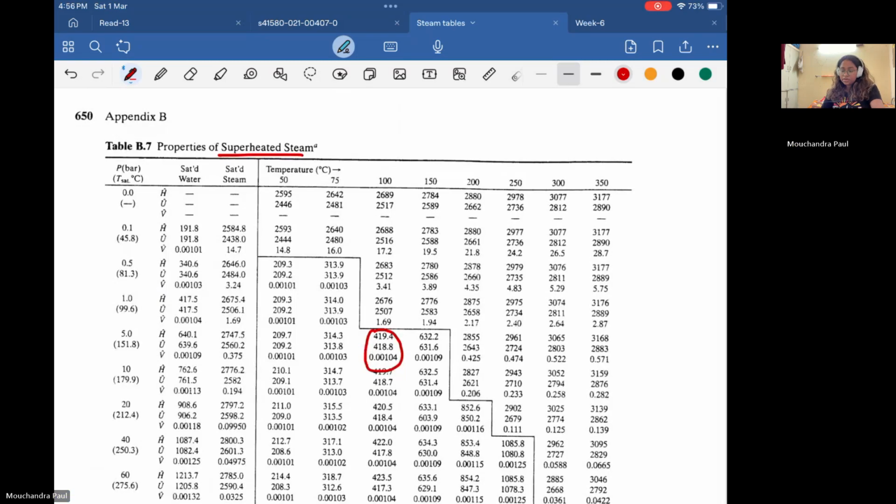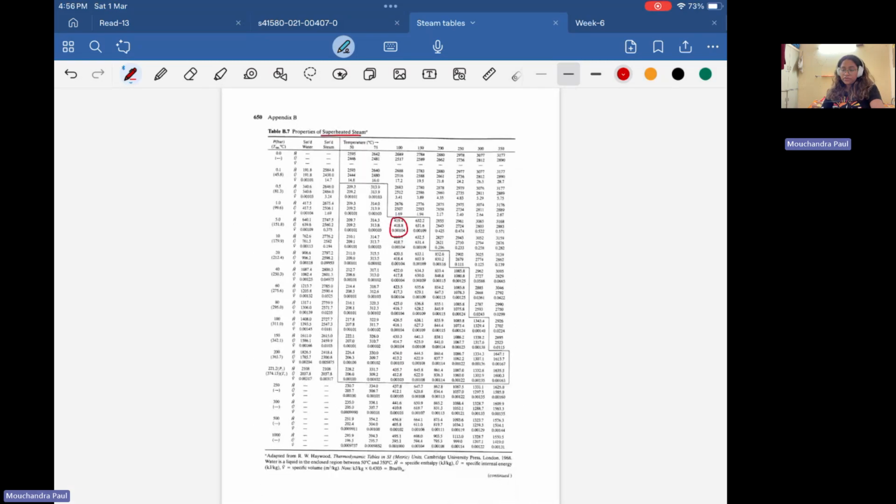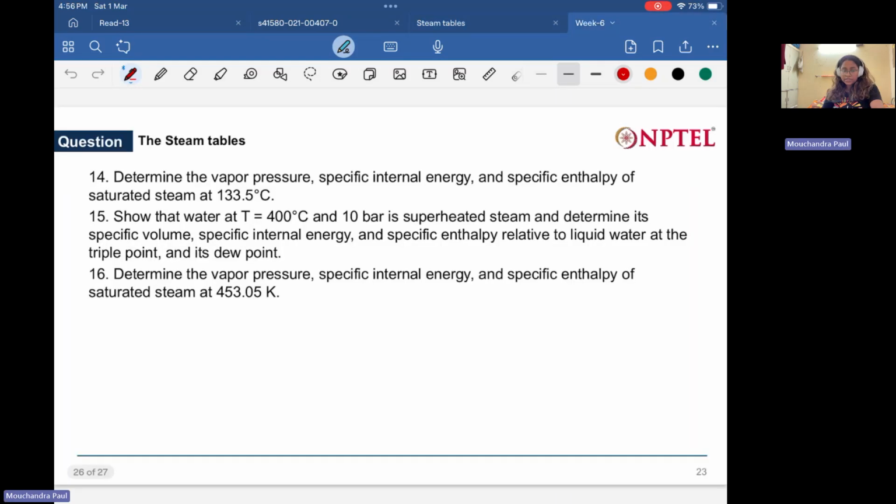Okay. So with this brief introduction, let's solve some simple questions using the steam tables. The first question: determine the vapor pressure, specific internal energy U cap, specific enthalpy H cap of saturated steam at 133.5 degrees Celsius.